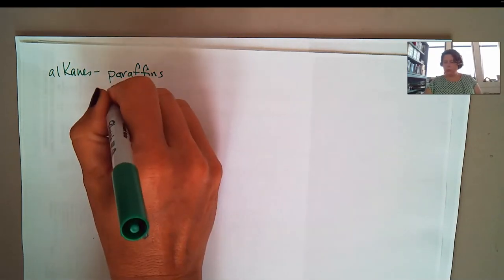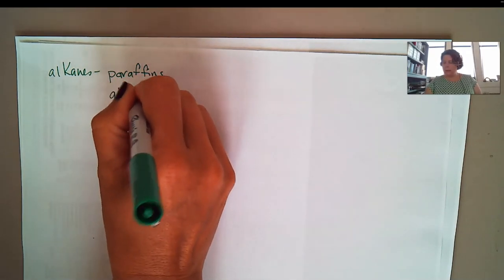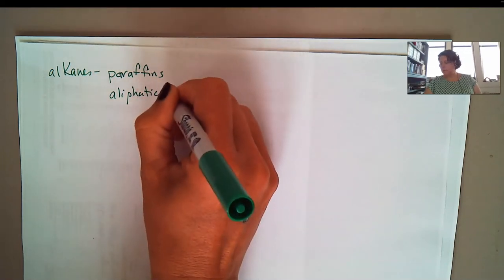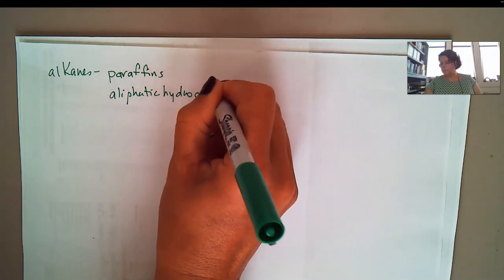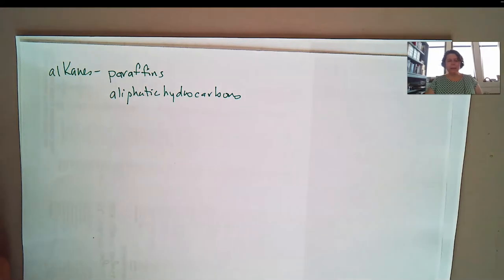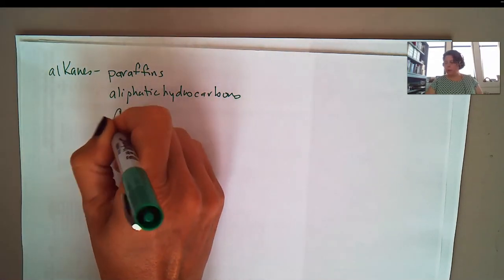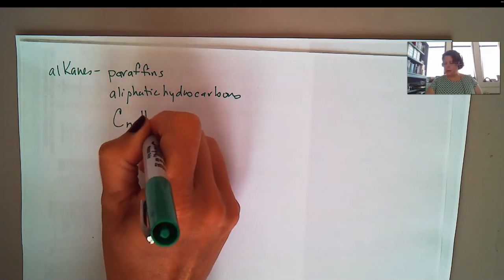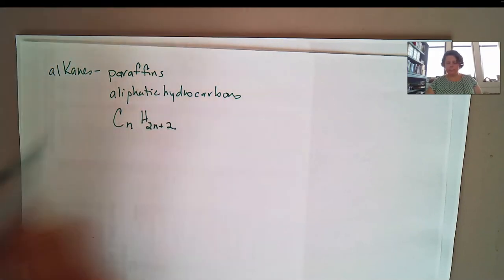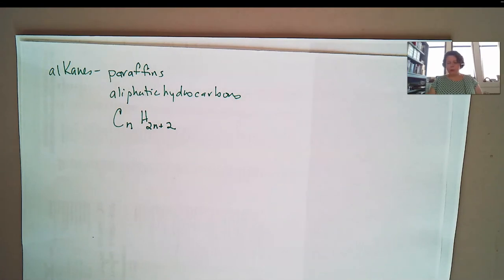These could also be referred to as aliphatic hydrocarbons. Aliphatic hydrocarbons is also another term for an alkane. So it's all single bonded in there. They can be straight chains, they can have branches. They all have the general formula of CnH2n+2, for the straight ones.